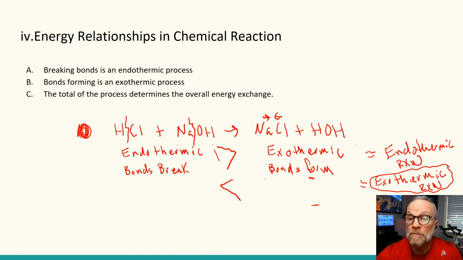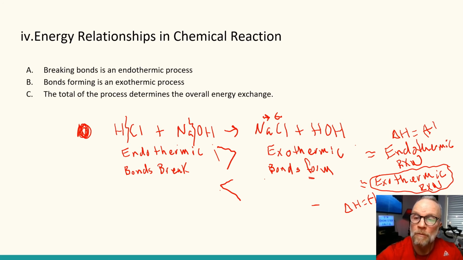A lot of times you'll see delta H values, which is a fancy term called enthalpy, which means that the reaction occurs at constant pressure. We'll talk more about that in, I think, unit 10, and delta H is negative here.